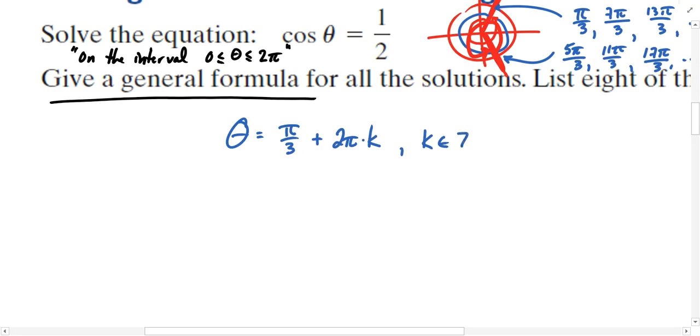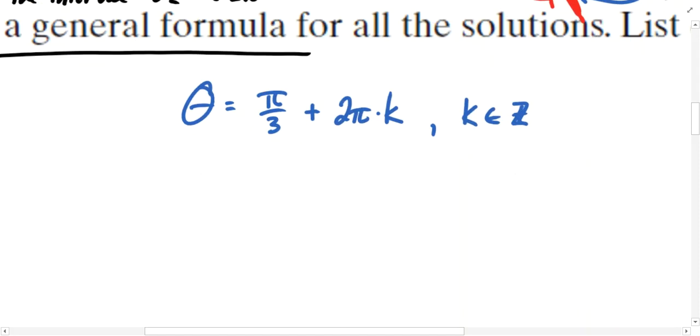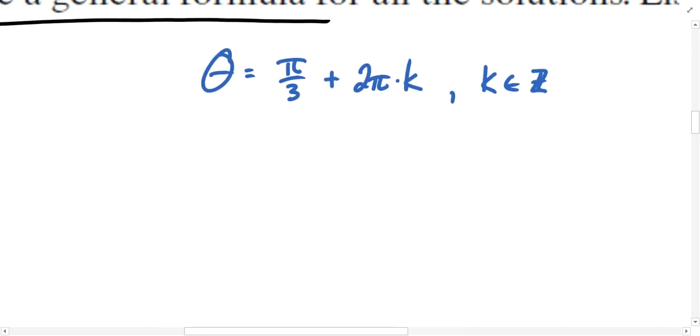K is an element of the integers, and I'll use this double bar Z to represent that. So as long as we pick an integer value, say, remember 1, 2, 3, and so on, we could use negatives. We could also include the number 0. That's what integers are. They're all numbers without any decimals.